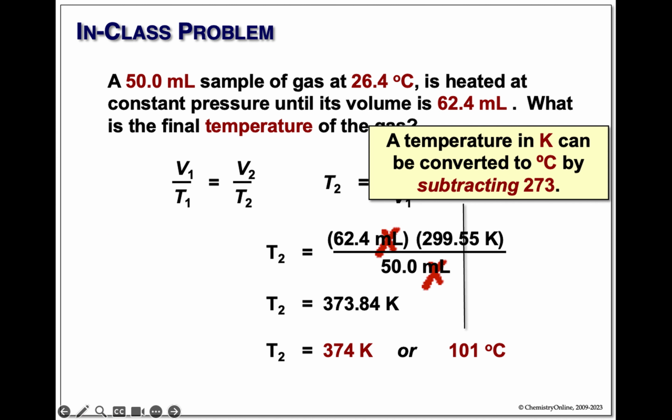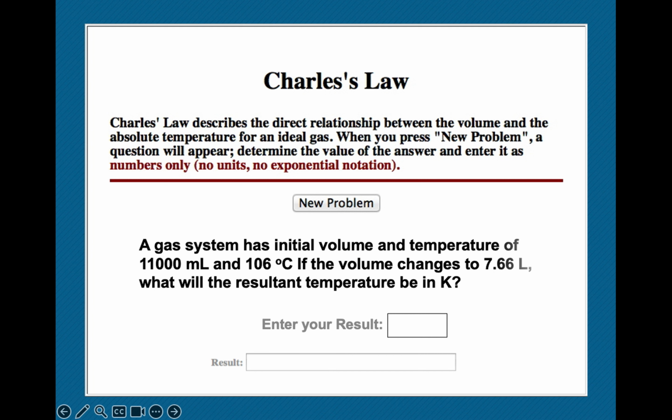Well, obviously, our second tutorial, if the first one was Boyle, it's only fair that we have one for Charles. We have a gas system, initial volume 11,000 mils and an initial temperature of 106, and again, this is in centigrade. We're changing our volume to 7.66 liters, and we're looking for the final temperature in Kelvin.